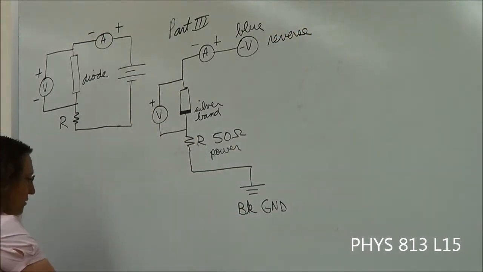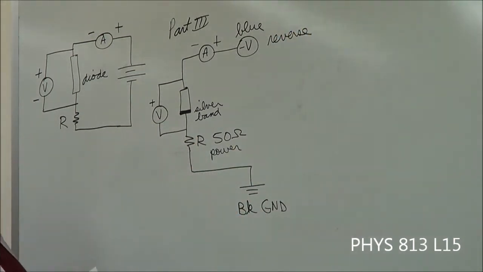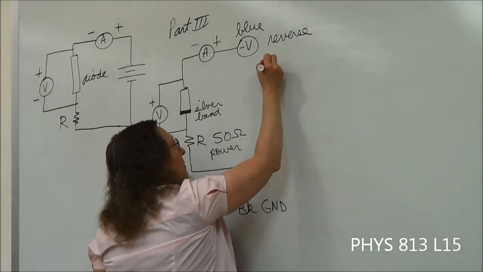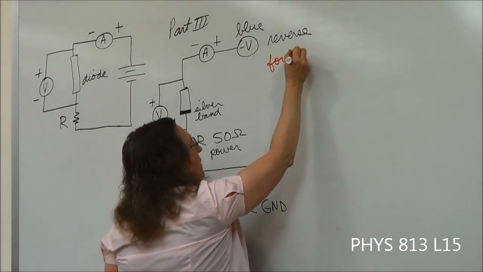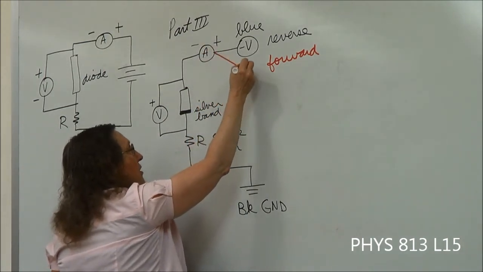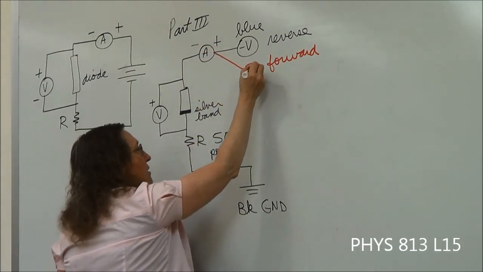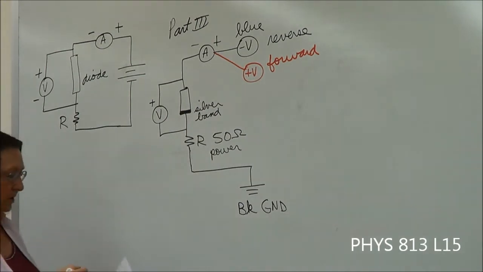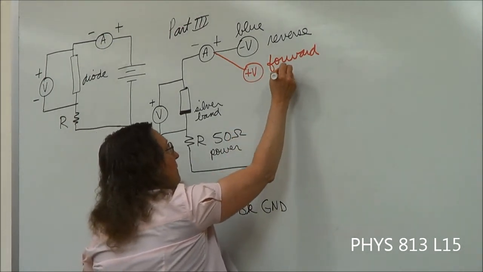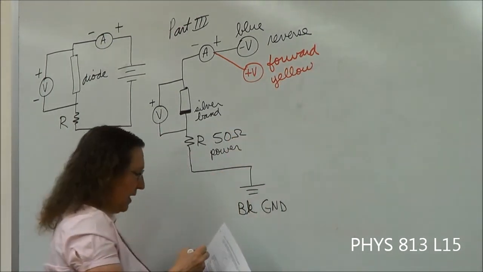And then what you're going to do is for the forward bias, I'm going to draw a line here and say you connect this to the positive voltage. So, and the positive voltage is yellow. Okay.